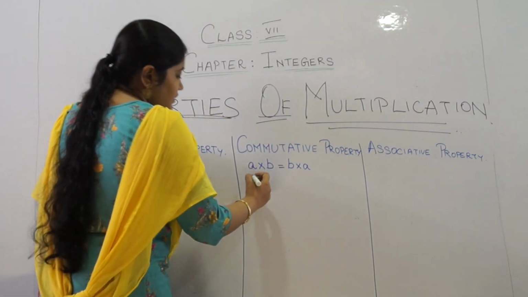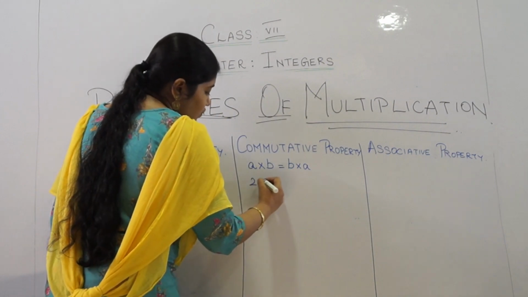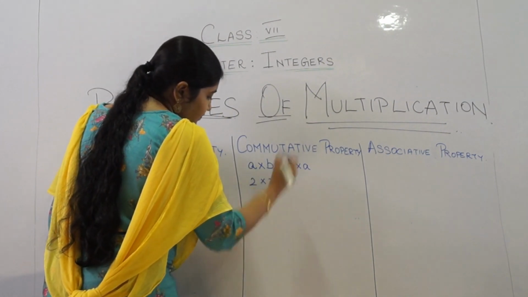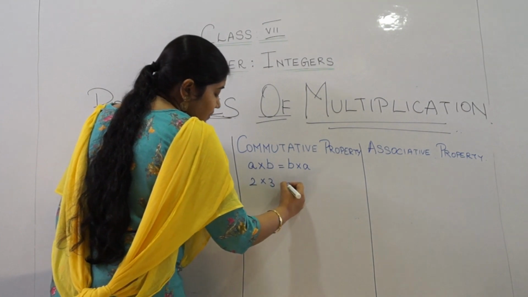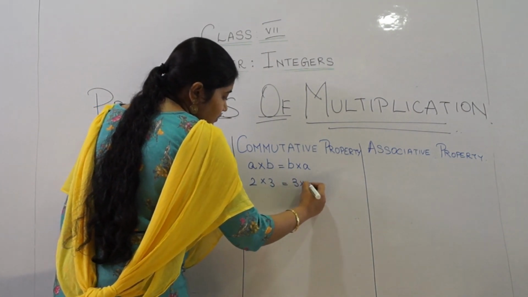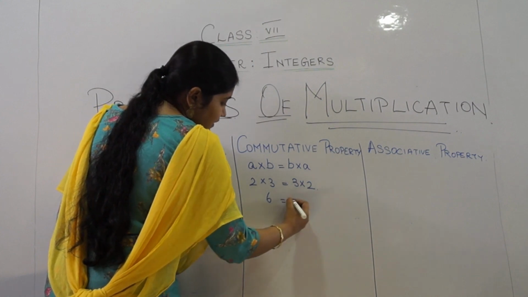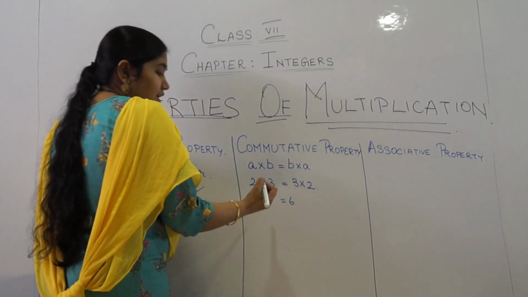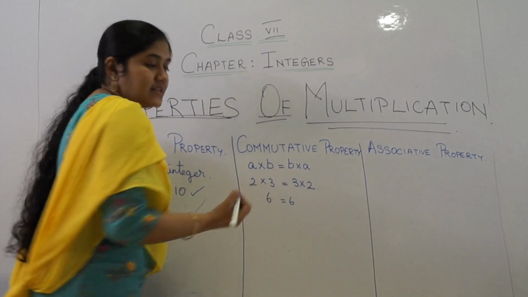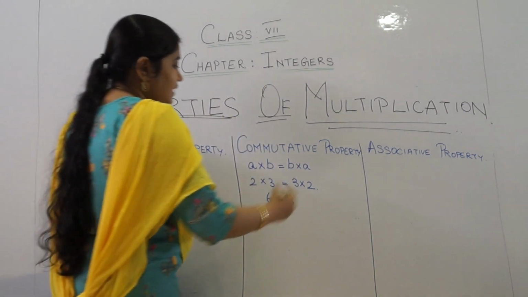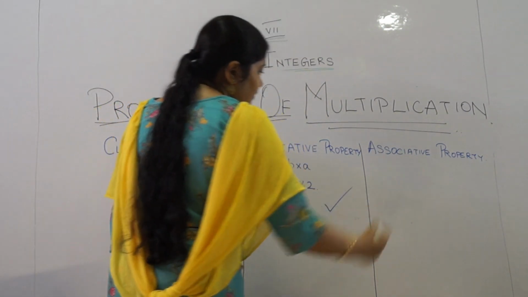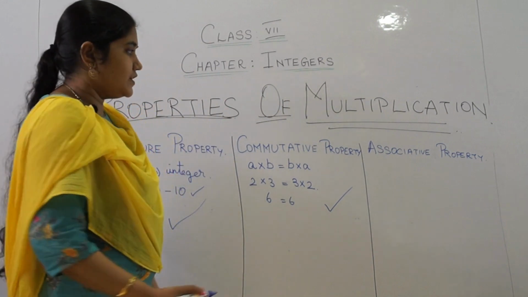Let's take a to be 2 and b to be 3. So 2 into 3 should be equal to 3 into 2. 2 into 3 is 6, which equals 3 into 2, which is 6. Both the left hand side and the right hand side have the same value. So commutative property holds good in the multiplication of integers.